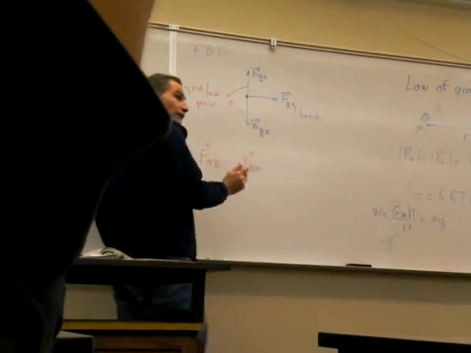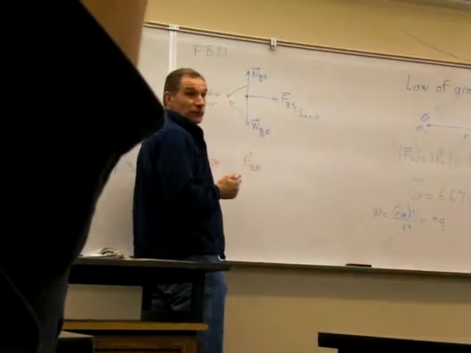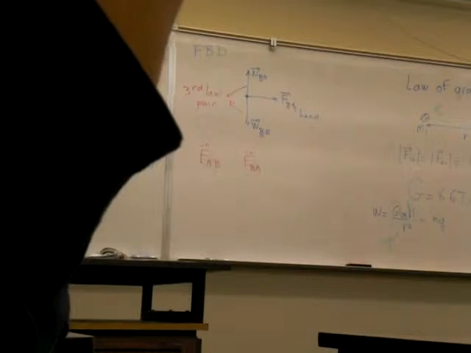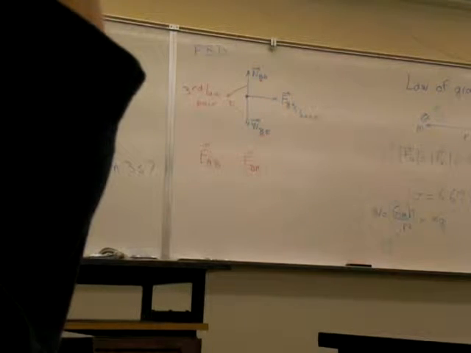So never will you see two forces on the same free body diagram that make a third law pair. These are equal and opposite, that's true, but for a different reason.